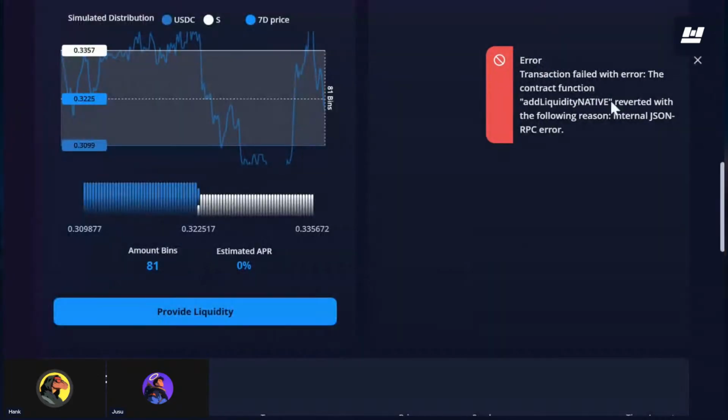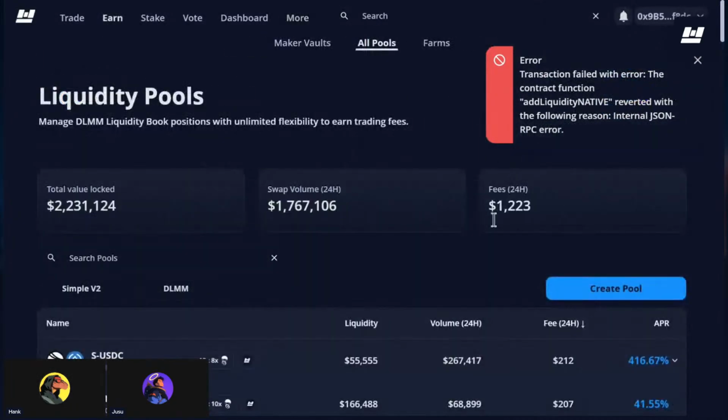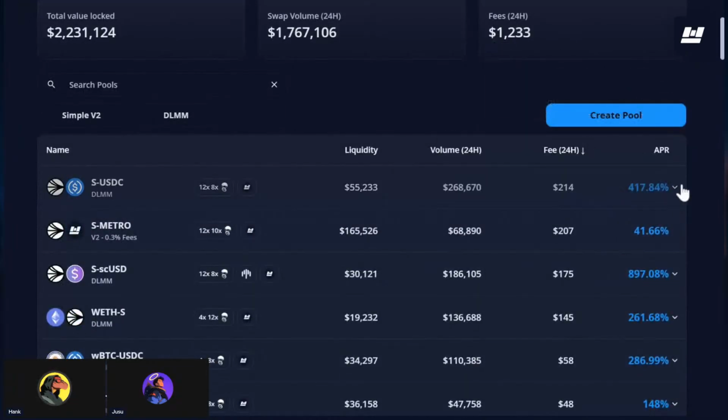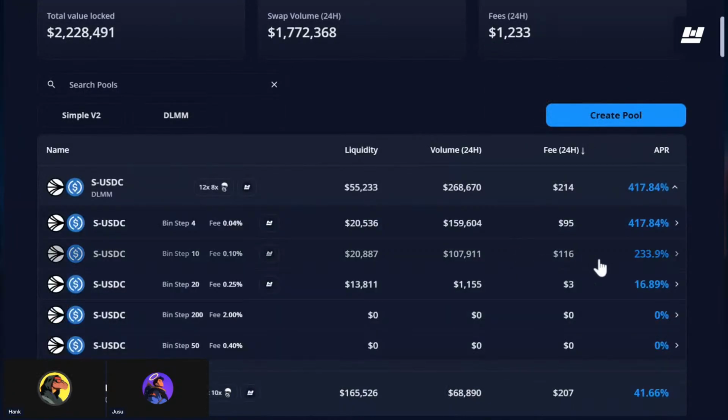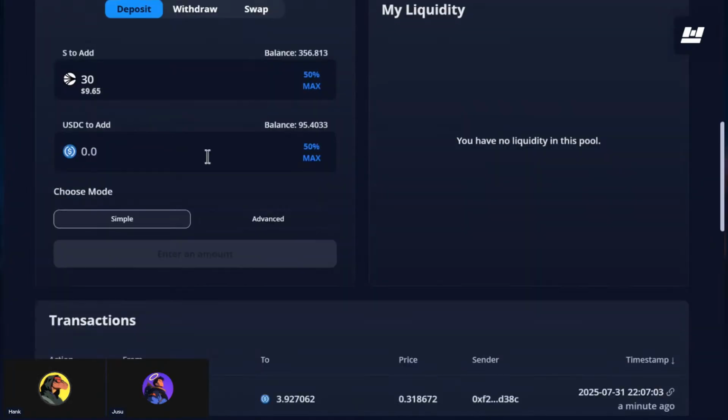Yeah, it moved too much in the meantime, so I need to reload this. Sometimes when the price moved too much, you're looking at it for a long time, then it tells you the allocation is a bad price, so it warns you and reverts the transaction.